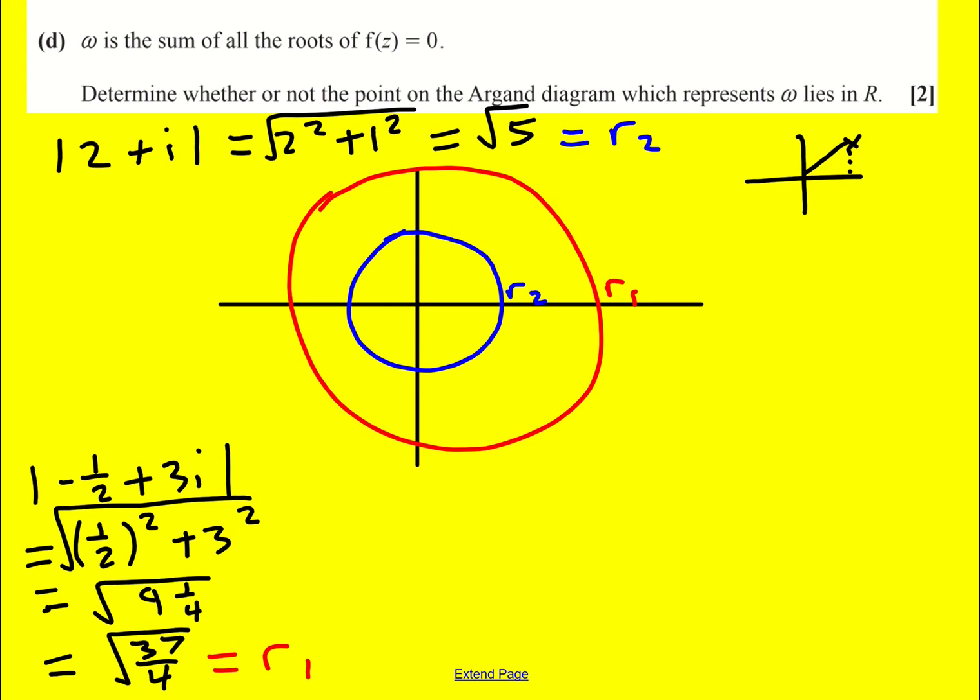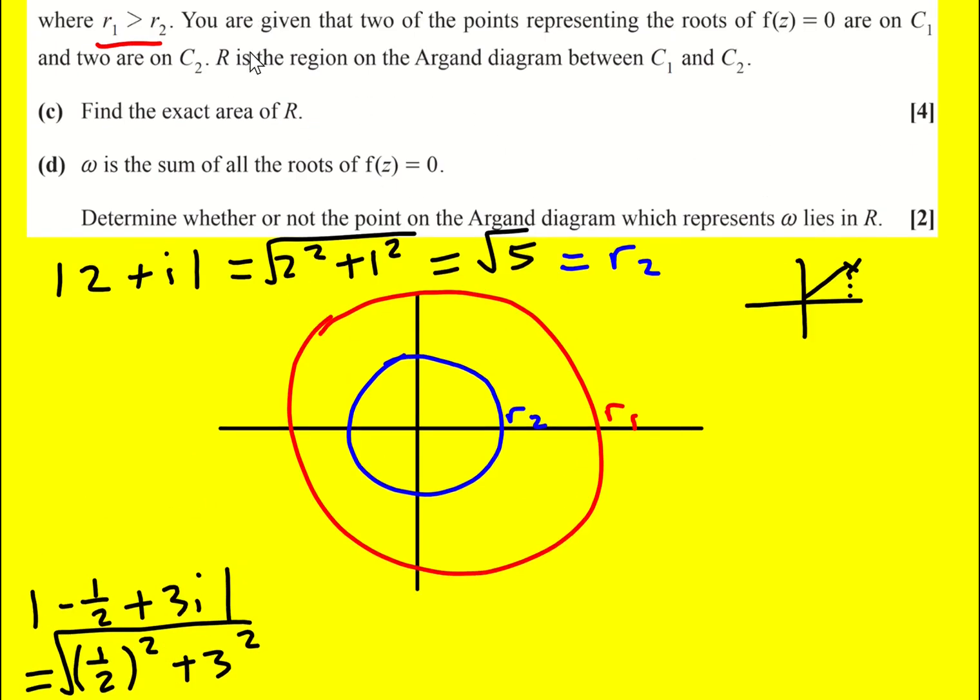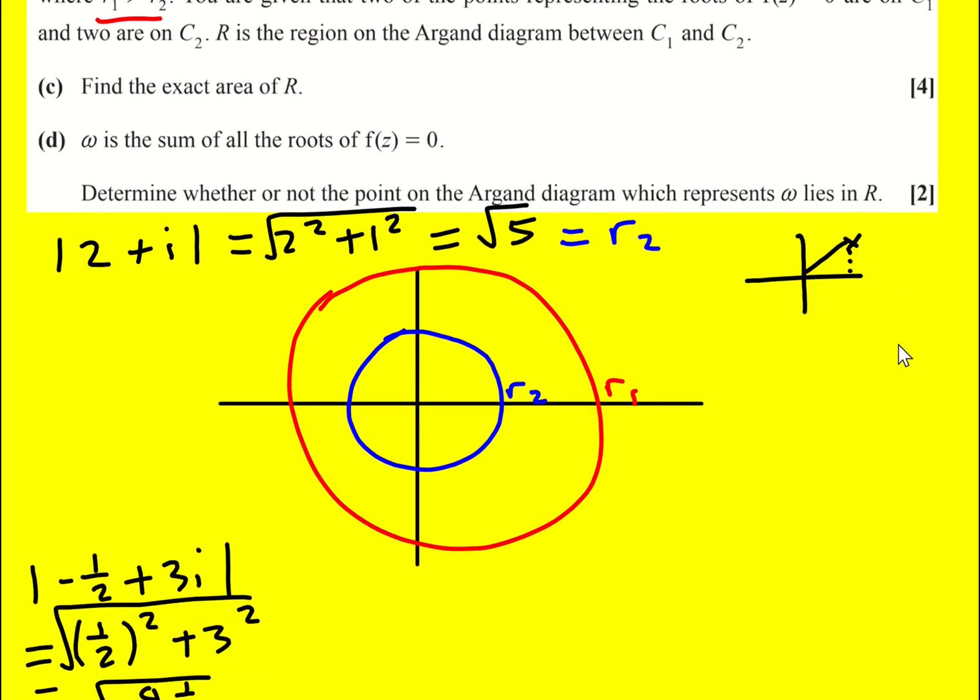So if I want the area of R, where R is the region between C1 and C2, it's going to be this bit here.